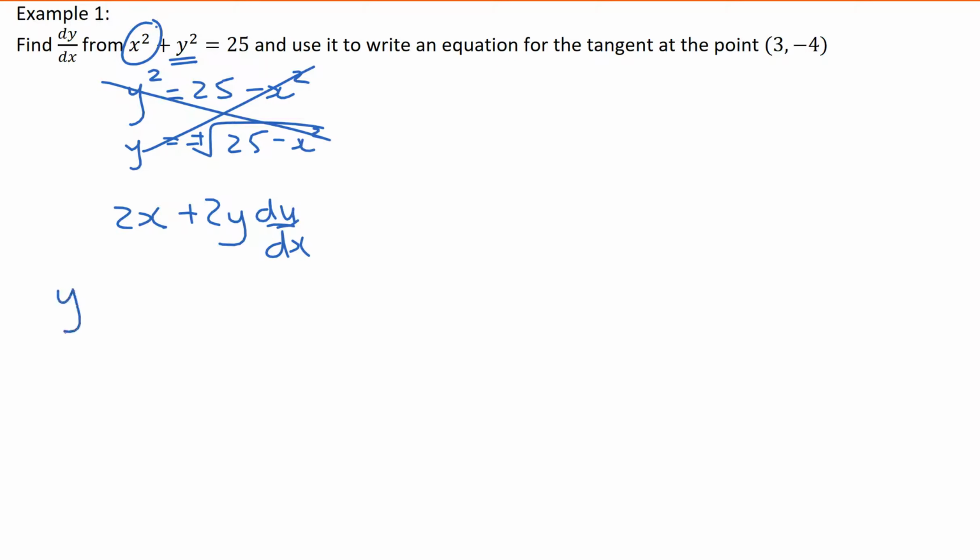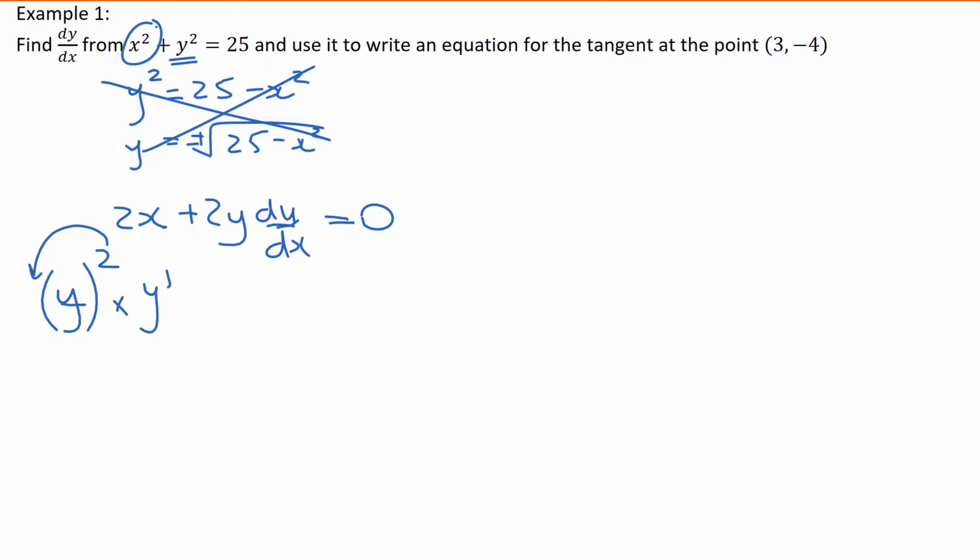Remember, y squared is like that. The chain rule goes down the front, and you multiply that by the derivative of that, which is y dash. That's the hard part. What's the derivative of 25? 0. So that there is your implicit differentiation.